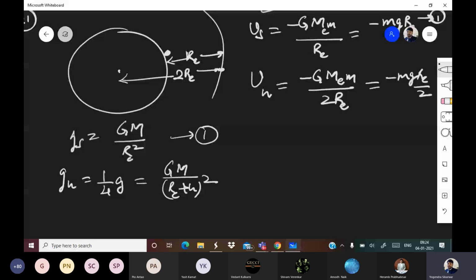Now you can cancel the square. So Re plus h is equal to 2Re. That means h is equal to Re. So it was that easy. Next question.